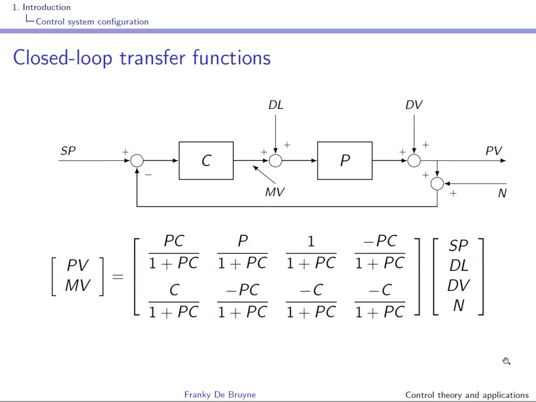Well, let us try to find another closed loop transfer function, for instance the one from DL here, the load disturbance to MV. That's this transfer function over here, and we can obtain this transfer function by considering the second equation and setting the set point, DV and N to 0.